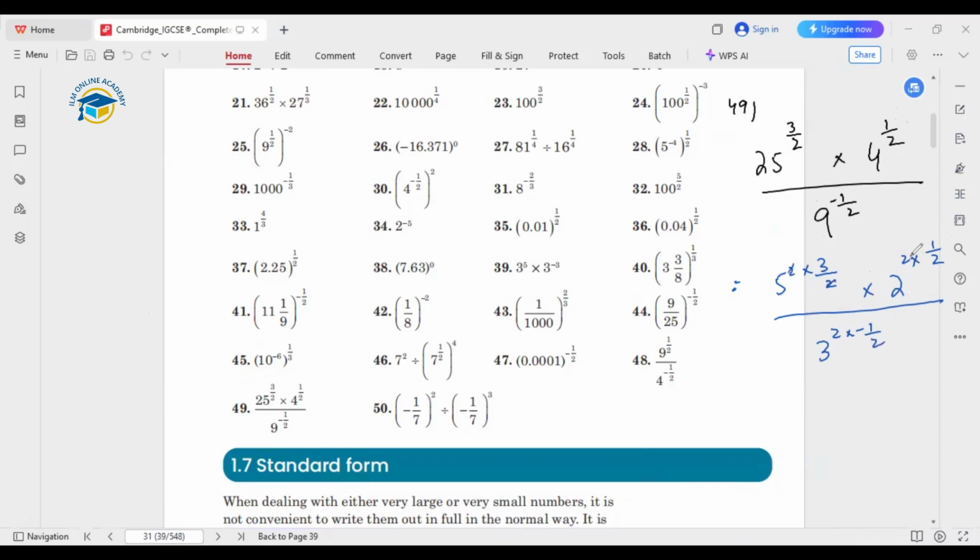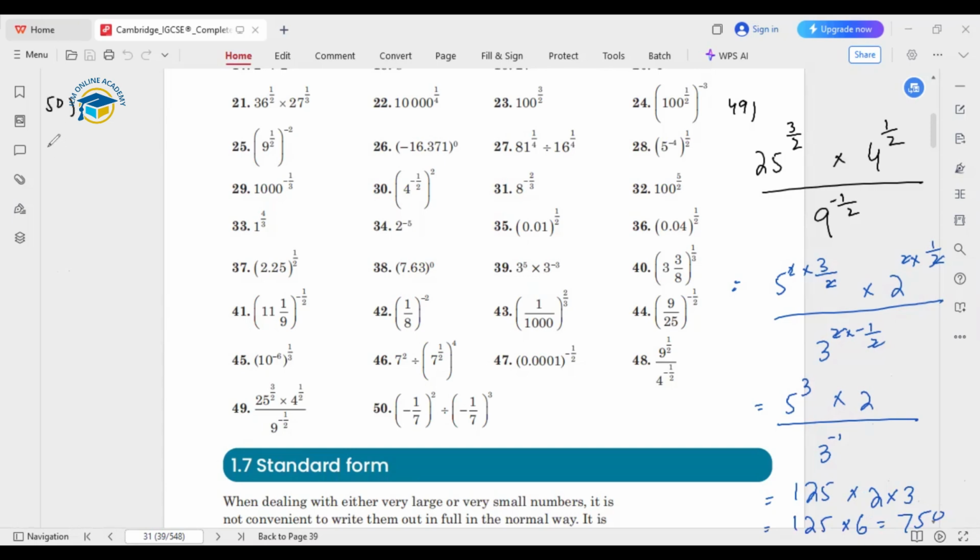Cancelling all the 2's together in the powers, we have 5 raised to the power 3, 2 raised to the power 1, 3 raised to the power negative 1. So 5 raised to the power 3 is basically 125. This 3 you can bring in the numerator. So 125 times 3, 2 times 6, we can just multiply 125 by 6. And it's giving me 750. Okay. This is your part number 49.